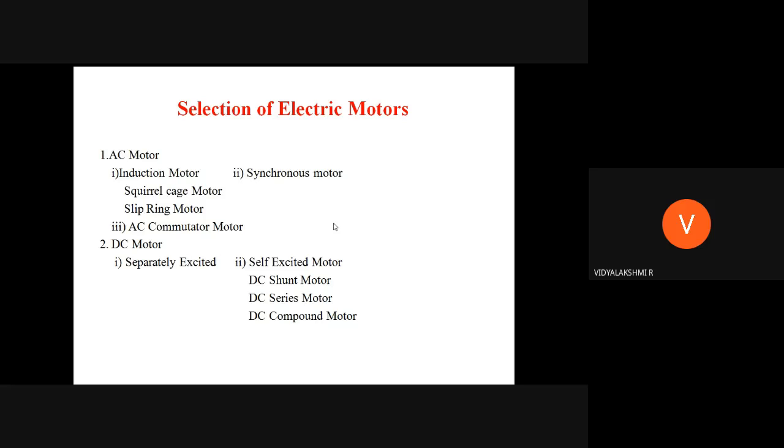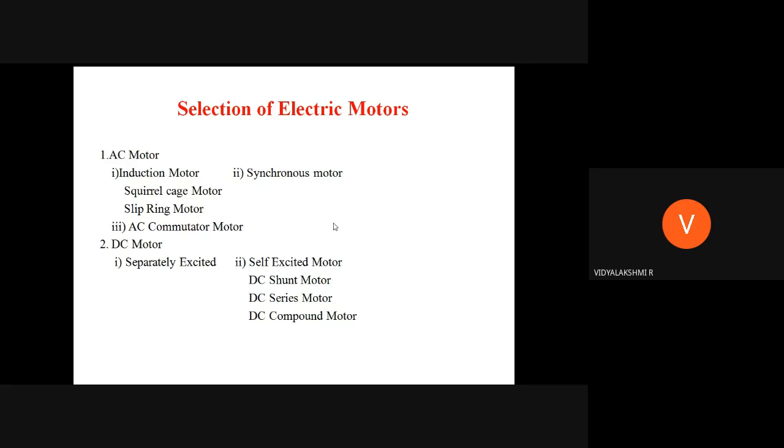In order to limit the starting current, I have to add additional resistance with respect to the rotor as well as the armature. In case it is my AC motor, I have to add the external resistance to my rotor. In a slip ring induction motor, you can add the additional resistance through the slip ring.